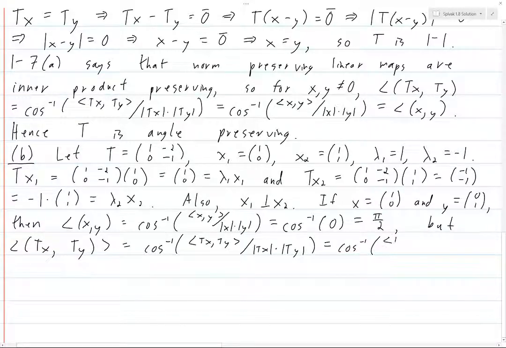So this is the inner product of the vector 1, 0 and Ty. If we take T and multiply by the vector 0, 1, we get -2 and -1.